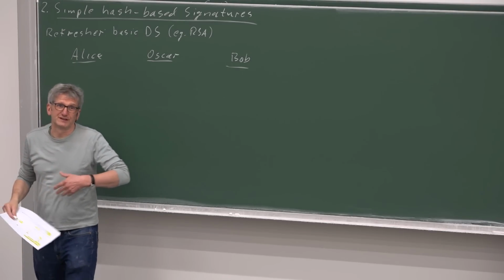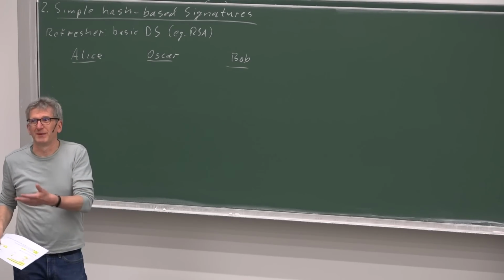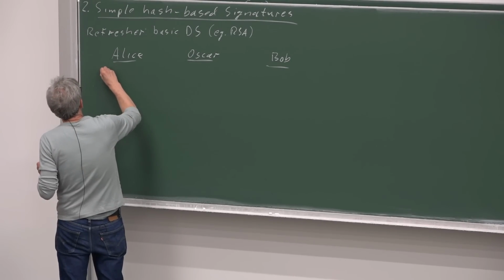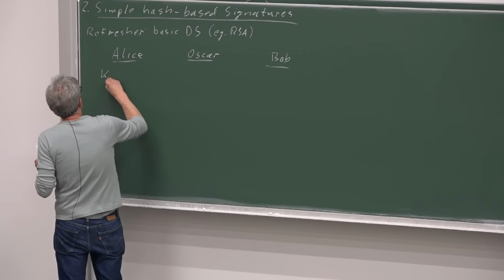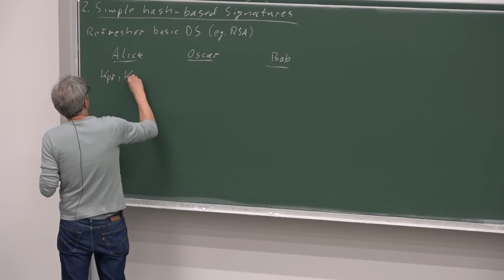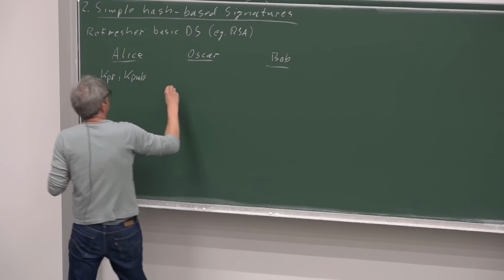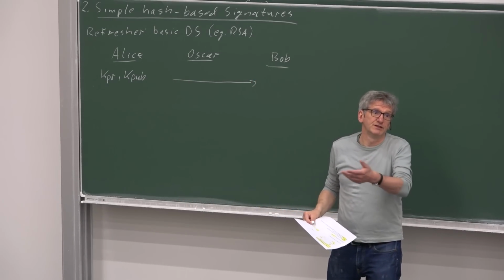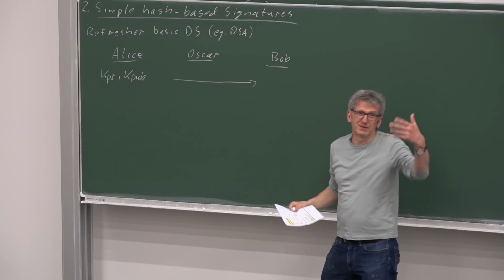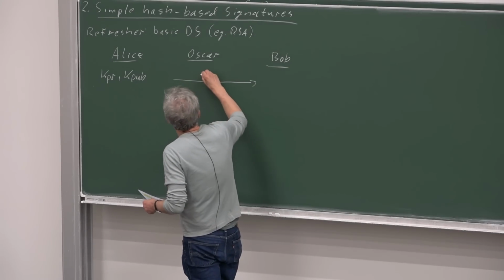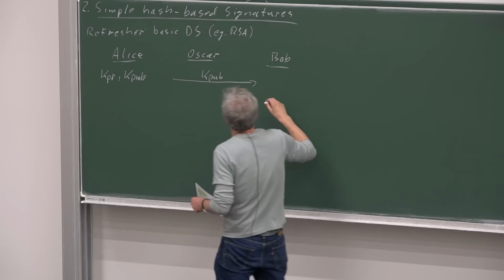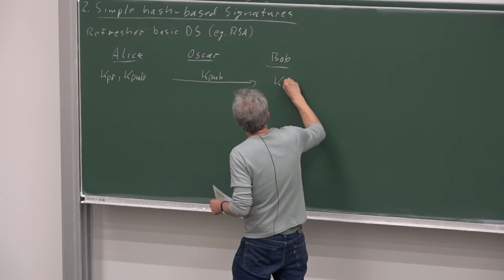And this is, of course, the prime example of a public key algorithm, right? So we have, surprise, surprise, Alice, who has her private key, but she also has her public key. And the public key is public, so it can be sent over. You used to find mine on my website, right? I used to have my PGP public key on my website, so everybody can see that, including Oscar, including Bob.